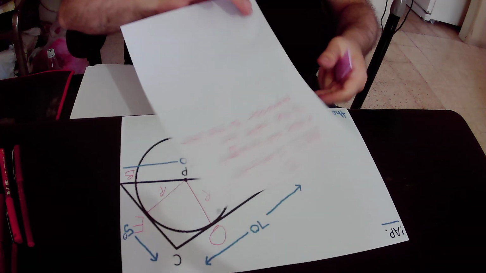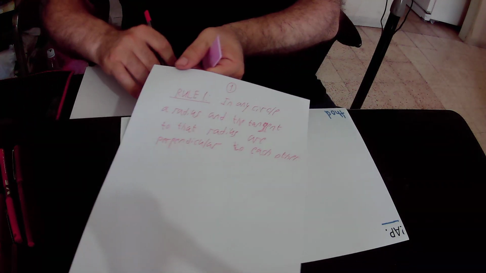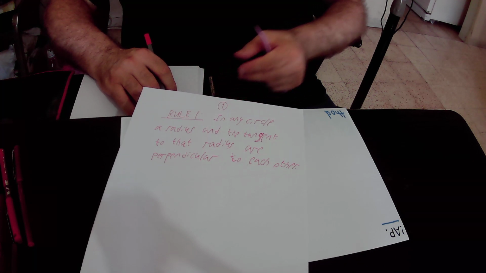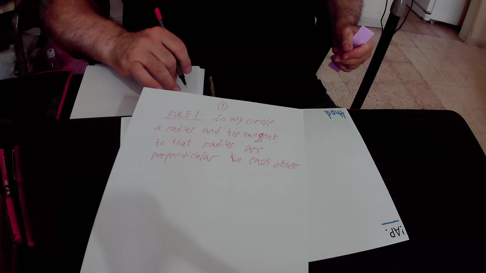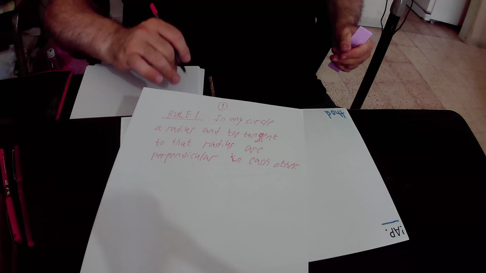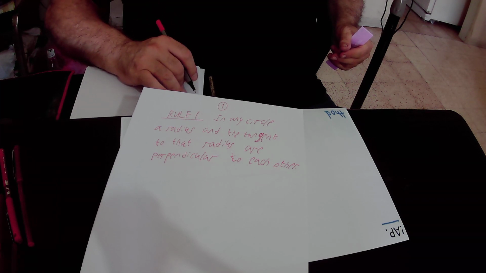So I will read rule number 1 again. In any circle, a radius and the tangent to that radius are perpendicular to each other.